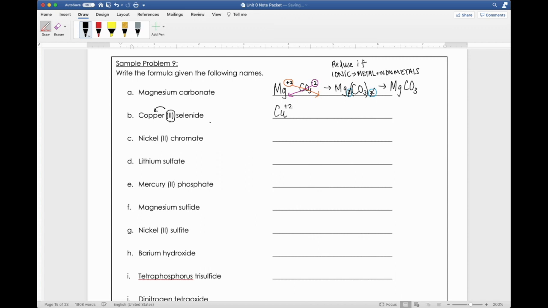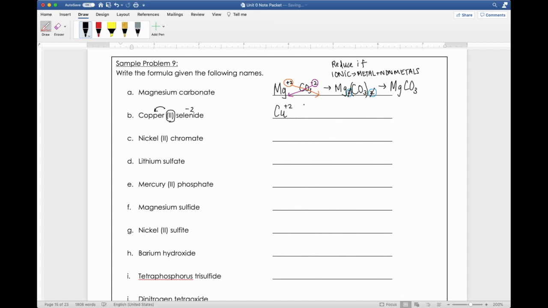And selenide: selenium is in the same group as oxygen on the periodic table. I believe it's below sulfur. So when we're dealing with binary compounds, you only have to determine how many valence electrons it has. Because selenium has 6 valence electrons in a binary compound, binary meaning 2 elements make it up, selenium would have an overall charge of -2.